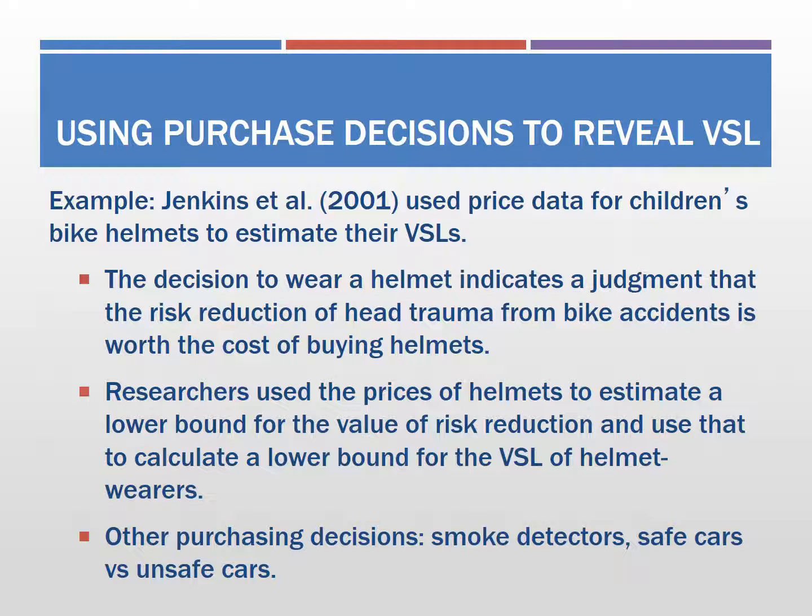There are other purchasing decisions also being studied, such as smoke detectors, and safe cars versus unsafe cars. Those are the things we usually measure, even though again it's not a very accurate estimation, because there are so many confounding factors that could come into the models. But still, a lot of policymakers make use of these estimations to make decisions for policy.